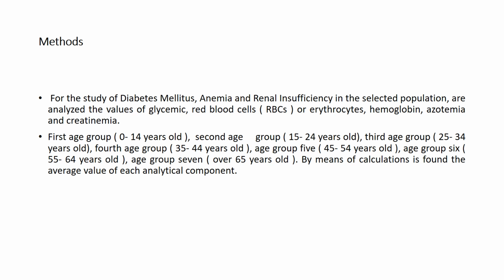For the study of diabetes mellitus, anemia, and renal insufficiency in the selected population, the values of glycemia, red blood cells or erythrocytes, hemoglobin, azotemia, and creatinemia are analyzed. The first age group is 0 to 14 years old.